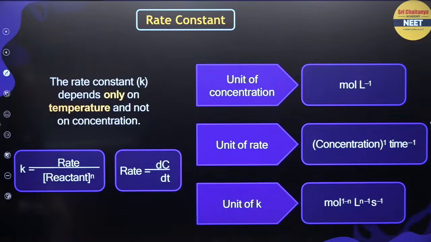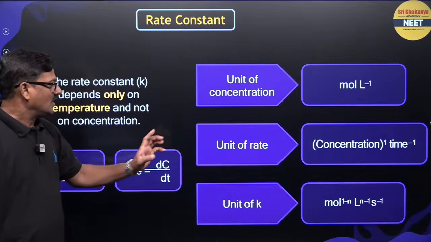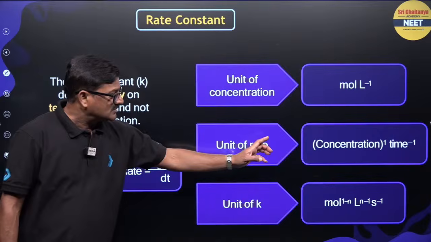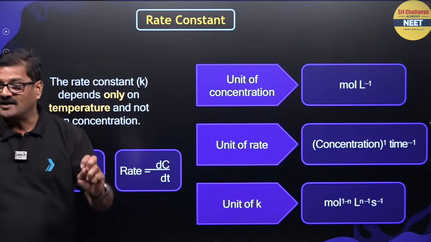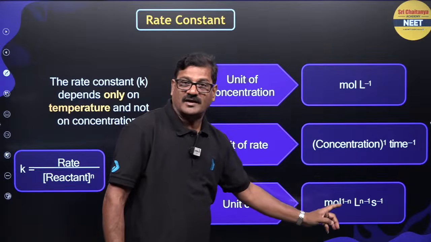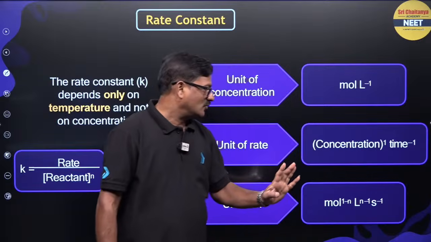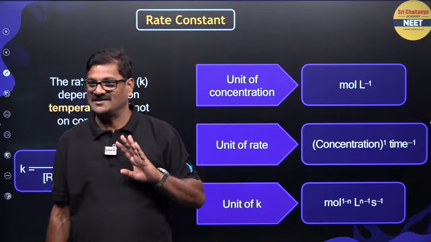And you can say unit of the rate constant: unit of the concentration is mole per liter, unit of the rate is concentration time inverse, and unit of K is mole 1 minus n and liter n minus 1 second inverse.